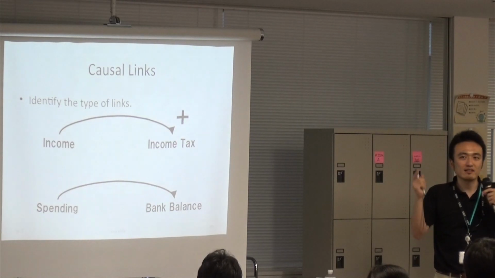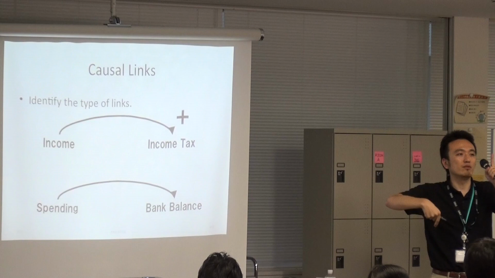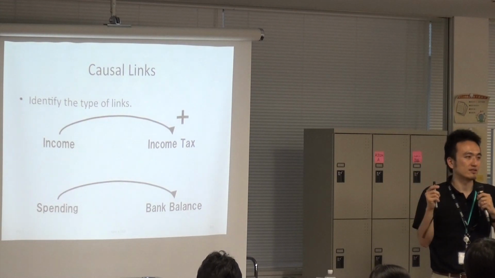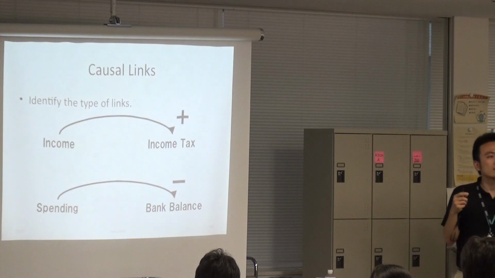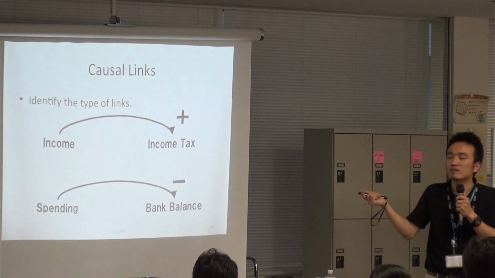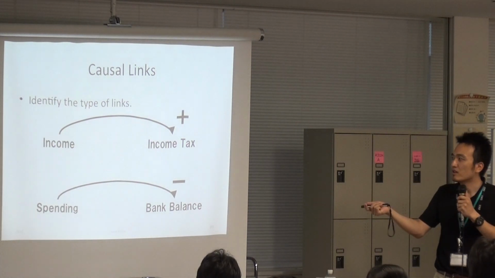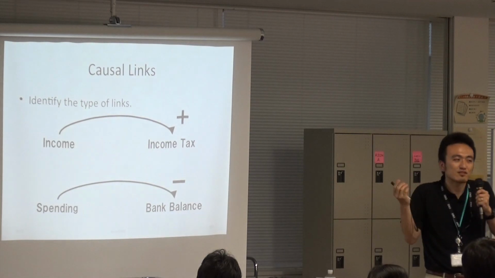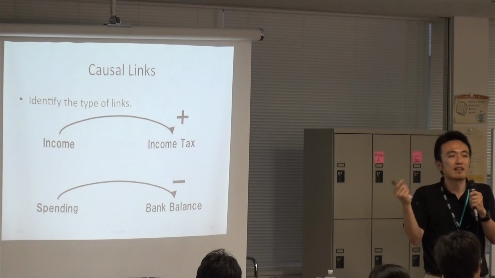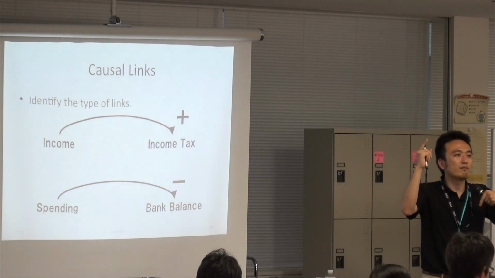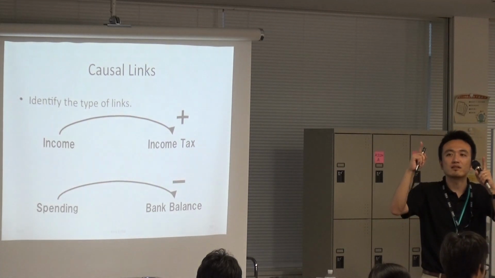It goes down. So these two are moving in different directions. That's a negative link. So don't go by impressions, because spending and bank balance sounds negative. No. It's not a positive feeling or a negative feeling. It's about whether the variables move in the same direction or not.